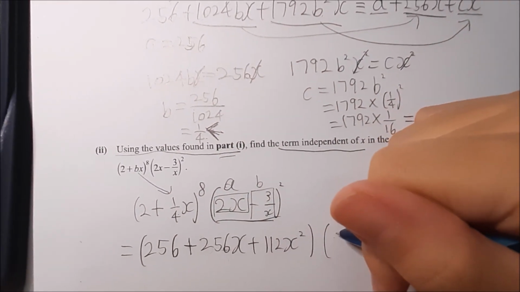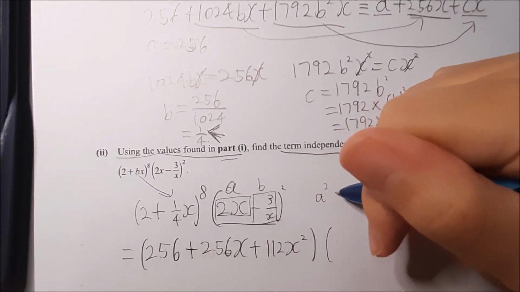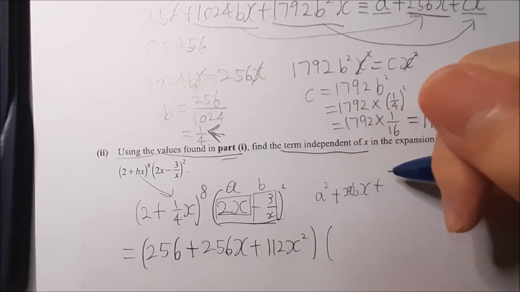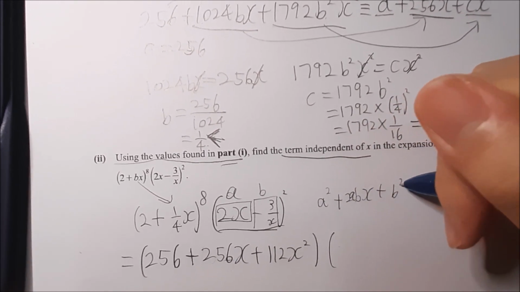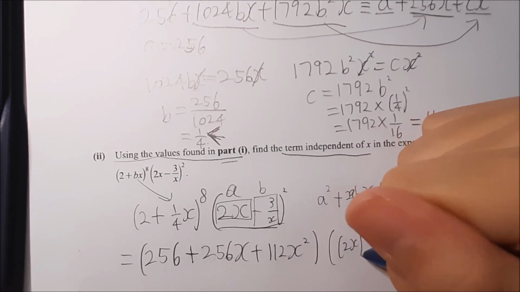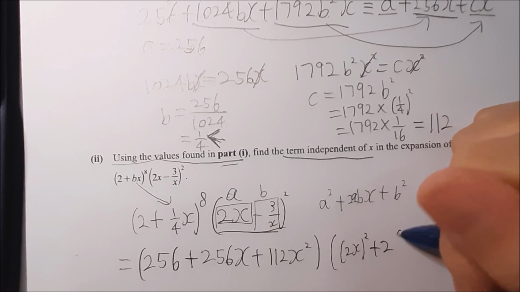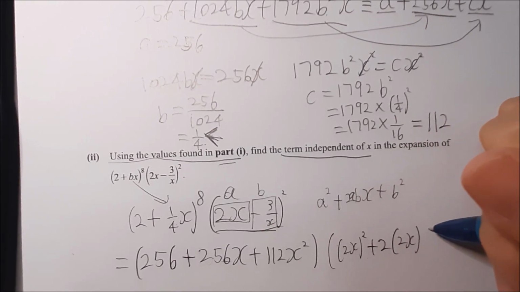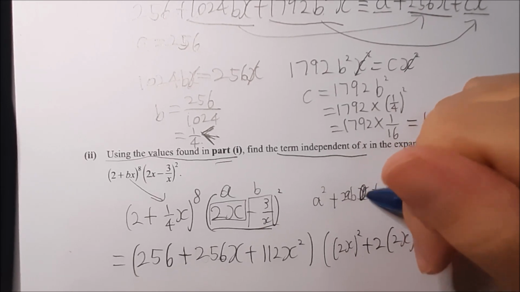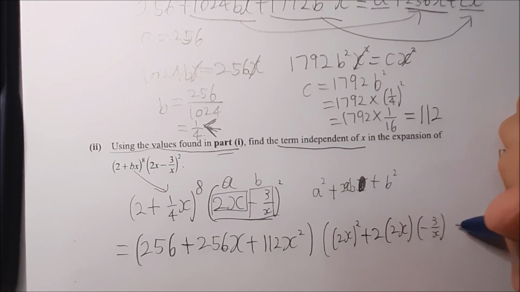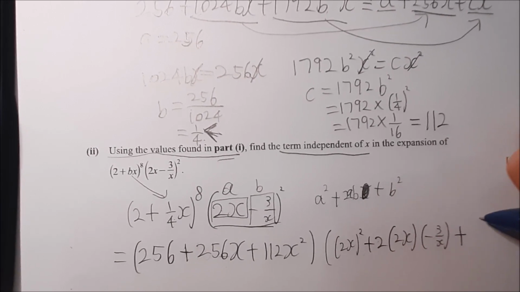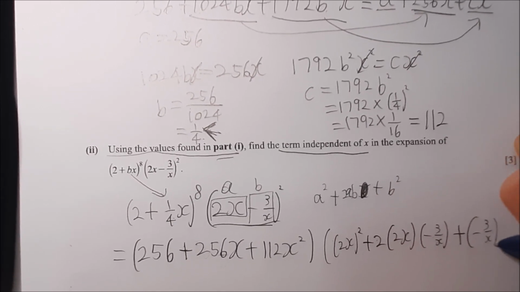So what you do is you use the formula a squared plus 2ab plus b squared. There's no x here. So it's a squared plus 2ab plus negative 3 over x squared.